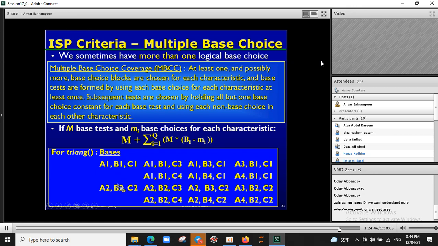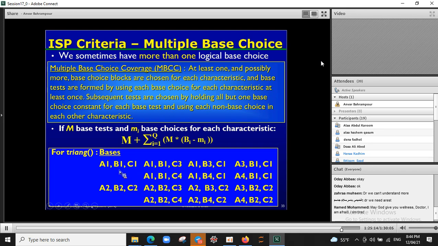One of them could be changed to two other blocks, because we have two base choices, and for block B, B1 and B2 are tested. So any other extra tests could be made by blocks B2 and B3 and B4.